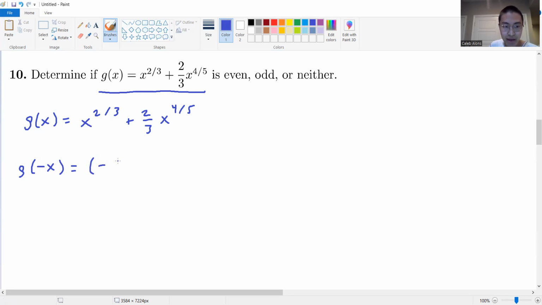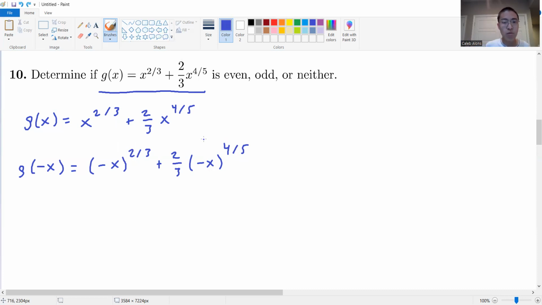So in this case, we're going to put a minus x here, to the 2/3, and then 2/3, and then here's where we would put that x. So minus x here, to the 4/5. Now, let's first understand, remember from the exponent rule, I think it was the overlooked algebra lesson, if you have rational powers, the numerator is kind of like a regular exponent, whereas the fractional part is the root.